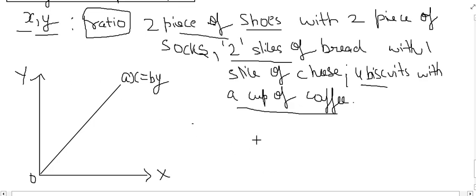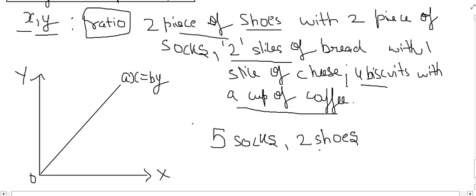For example, let's say you get 5 pieces of socks, and you have 2 pieces of shoes.